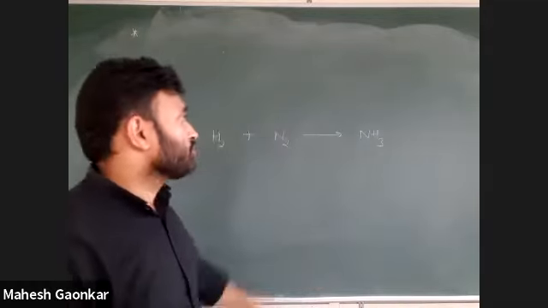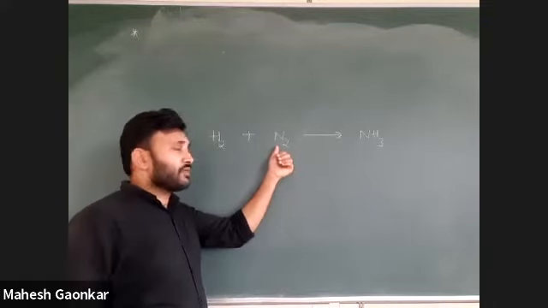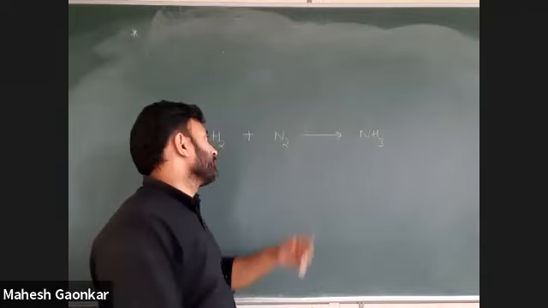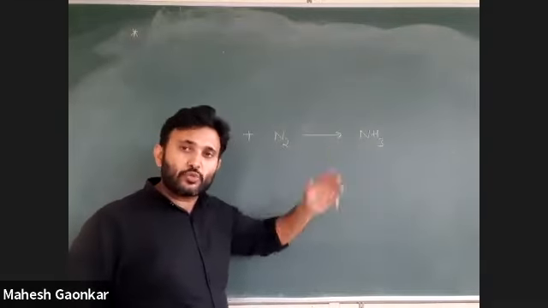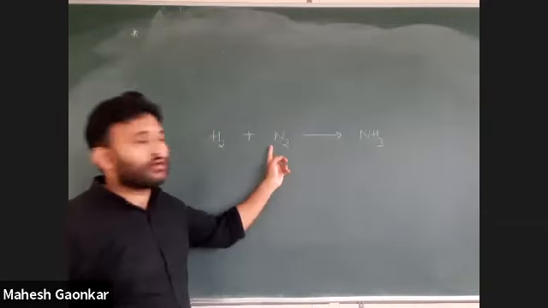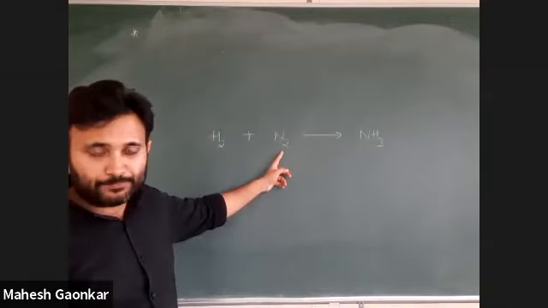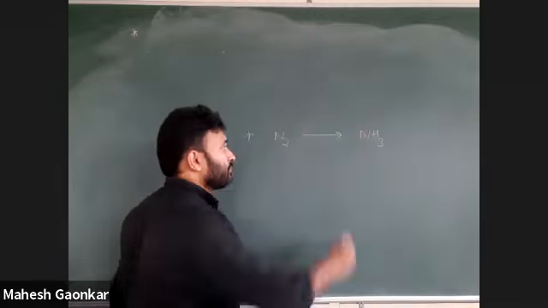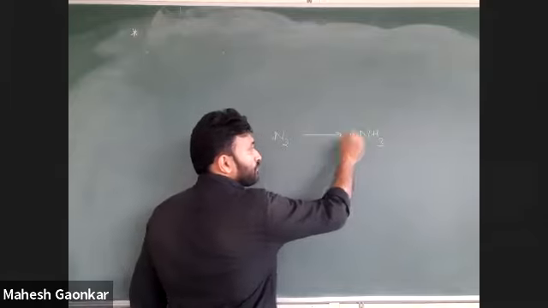Is it balanced? No. Left hand side, we have got 2 nitrogen atoms and 1 nitrogen molecule. But while balancing, we have to look into the number of atoms, right? So we have got 2 nitrogen atoms, but on the product side, we have got only 1 nitrogen atom. Therefore, it should be 2 NH3.